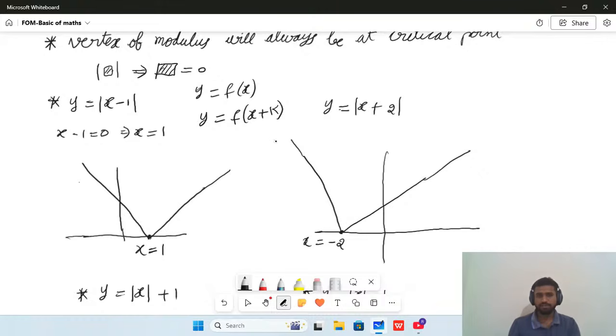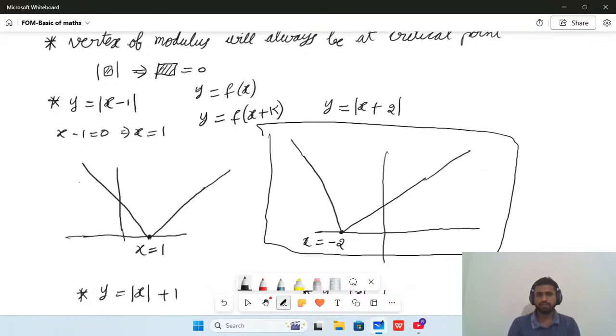From this graph you can observe the V shape moving left 2 units. So for y equals f of x plus k, if we add a positive value to x, the graph moves 2 units to the left.